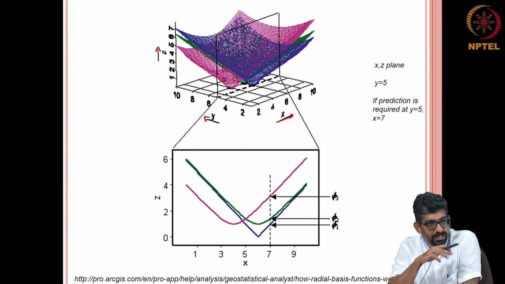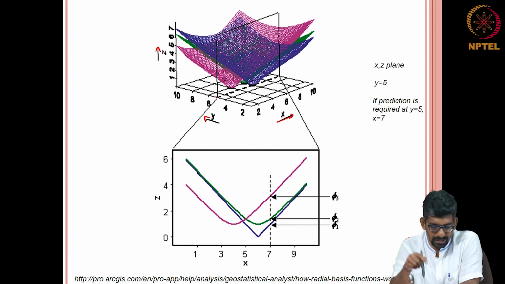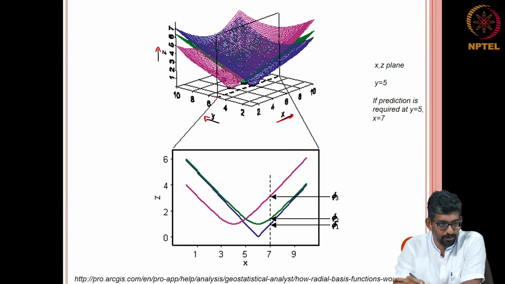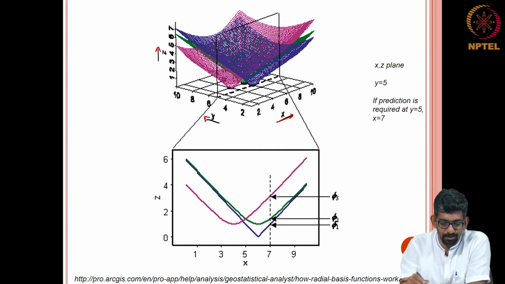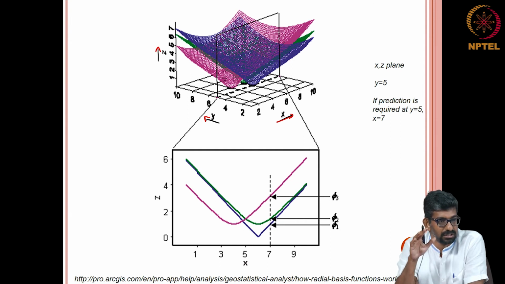I said imagine that each basis function extends across your design domain, that is the case here. It is not stopping anywhere, each one of them is going across your design domain, okay. This is centered at some other point, the red is centered at some other point, the green is centered at some other point, but all of them are running across your design domain, okay.